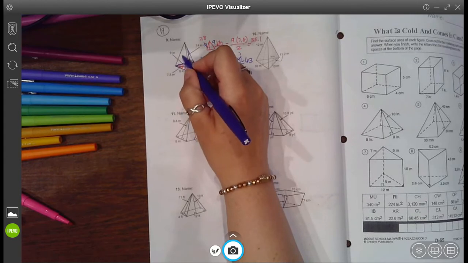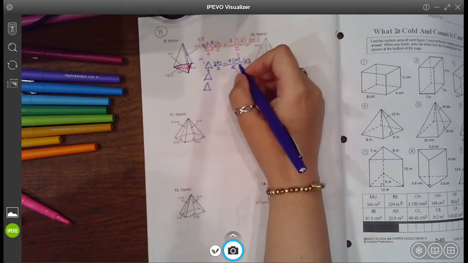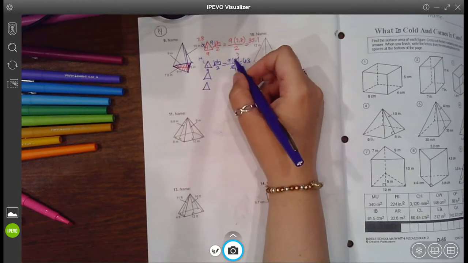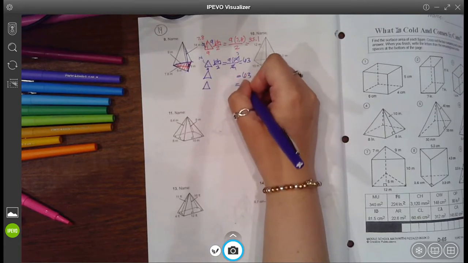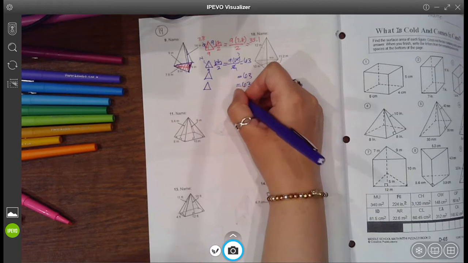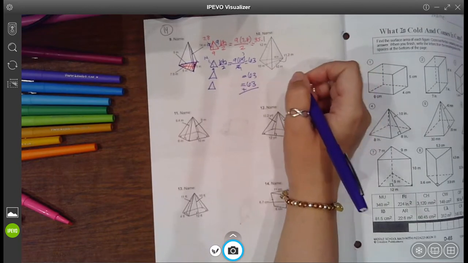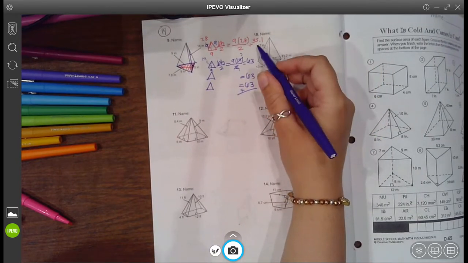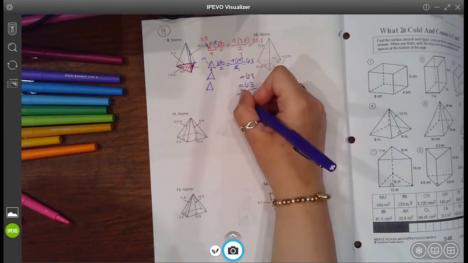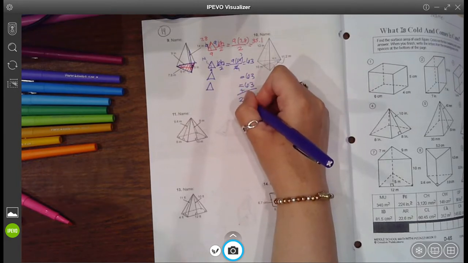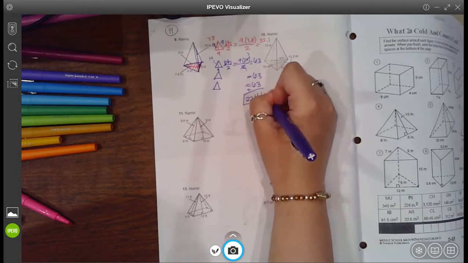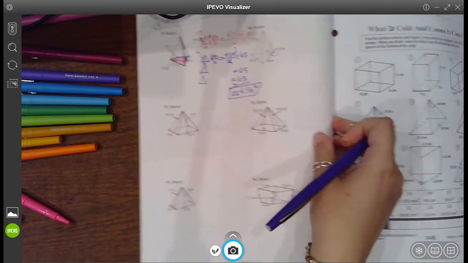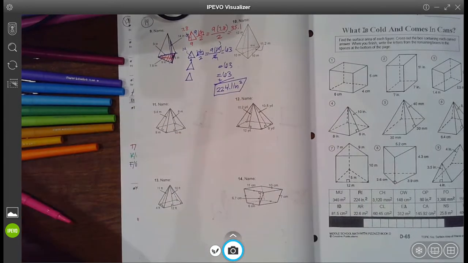And when they go the height up to the tippy top, they're all going to have the same height as well. So it's going to be 9 times 14 divided by 2. So you're going to have 3 triangles that all measure 63 inches squared. So add those 3 triangles to your base triangle, and you get a total surface area of 224.1 inches squared.